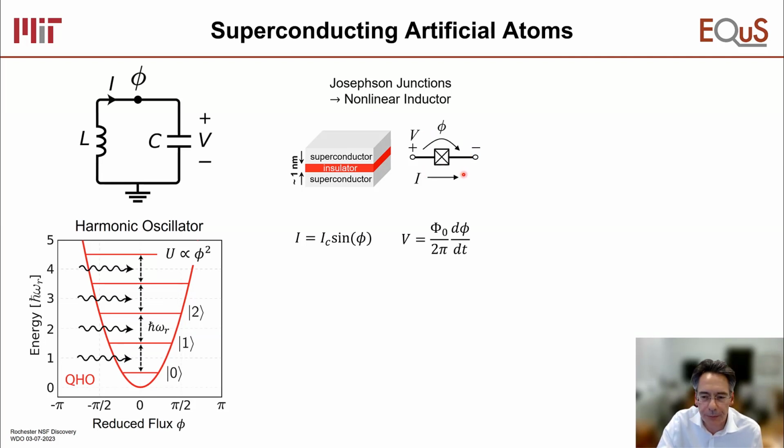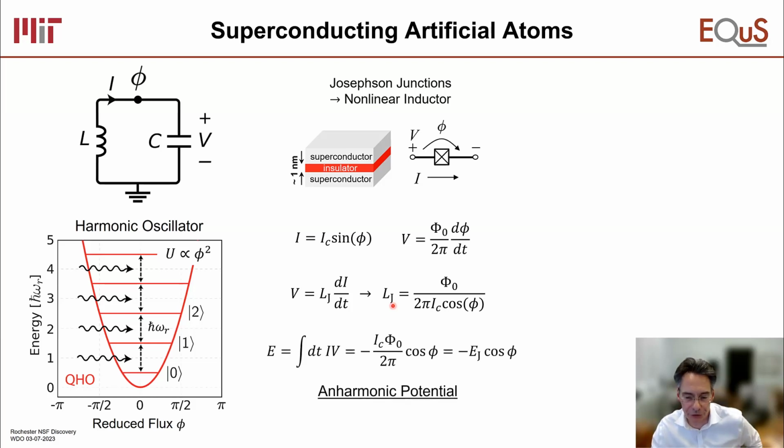We're not going to talk too much about that, other than to say that Josephson identified the current and voltage relationship for this tunnel junction. And what we find is that if we combine them in the usual way to define an inductance, this inductance is highly nonlinear in the current going through it. So it is a nonlinear inductor. The inductance changes depending on how much current is going through it.